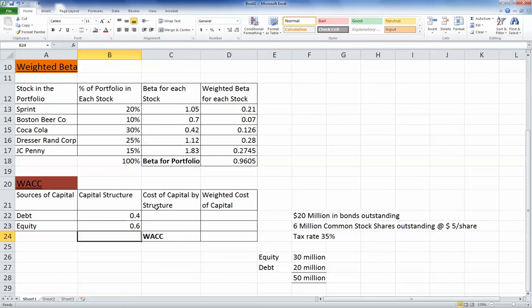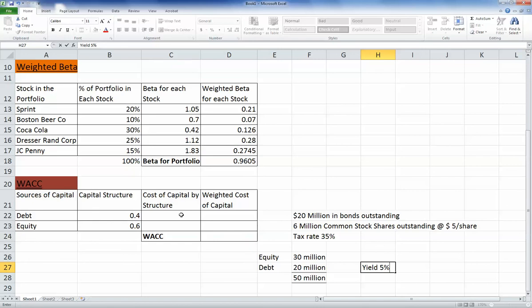Now the next thing we have to do is figure out the cost of capital by the structure. And let's say for debt, again use the right hand side, the yield on our bonds is 5% currently. Now for debt, we also have to take in that tax shield.